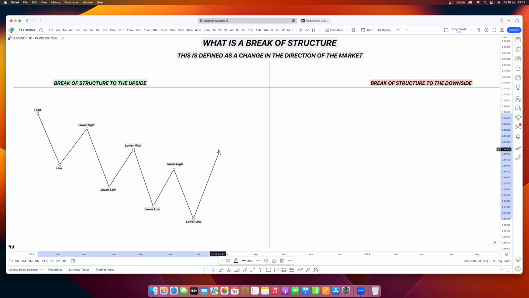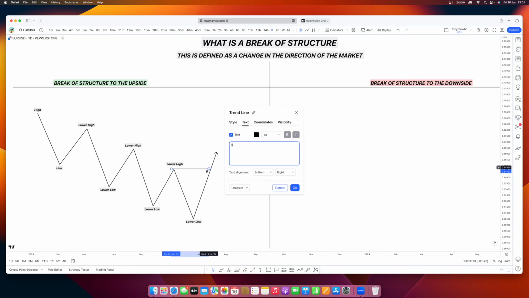Now, what has happened here is what we call a break of structure.